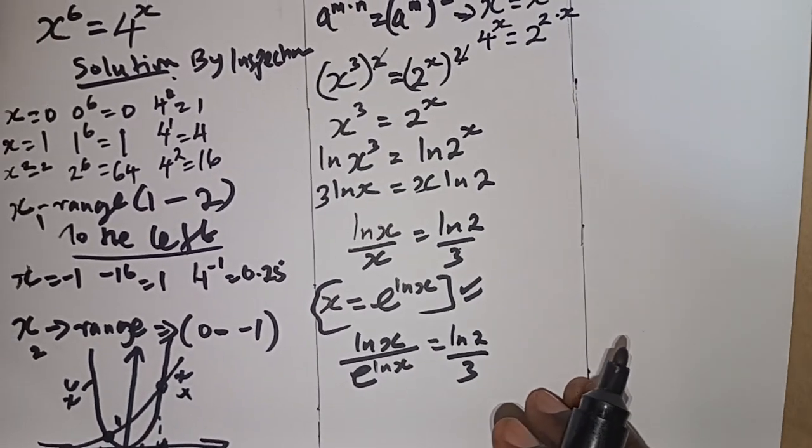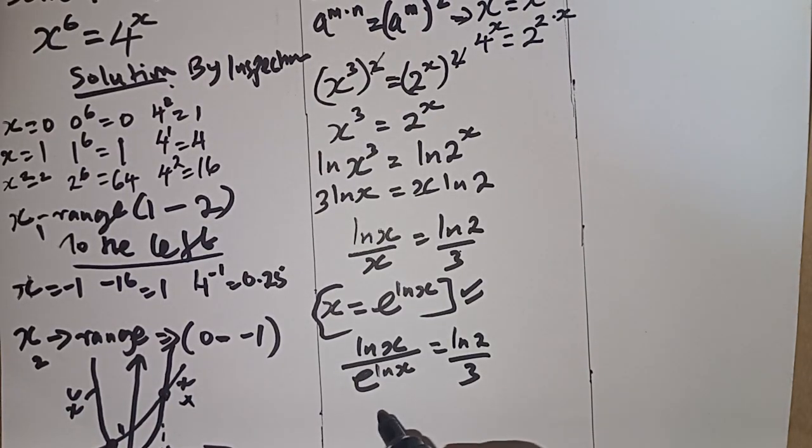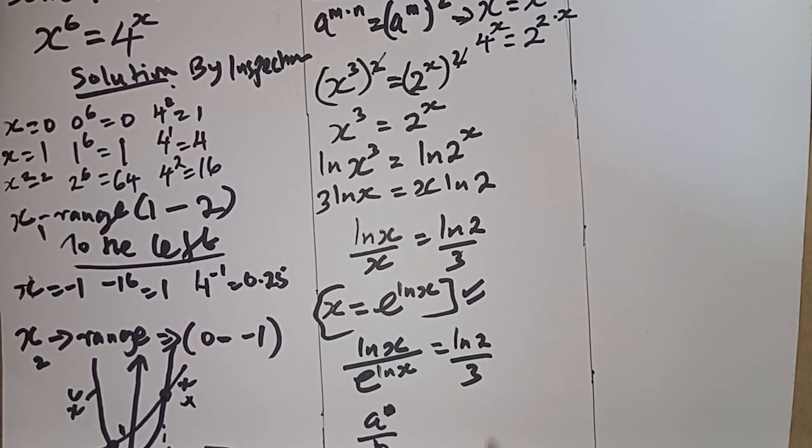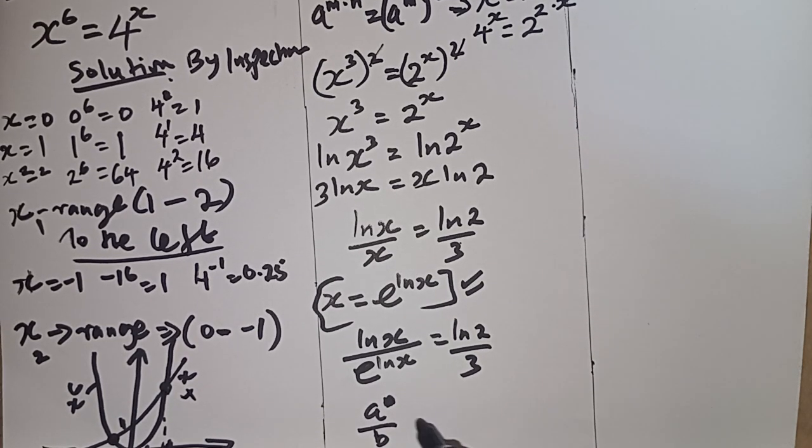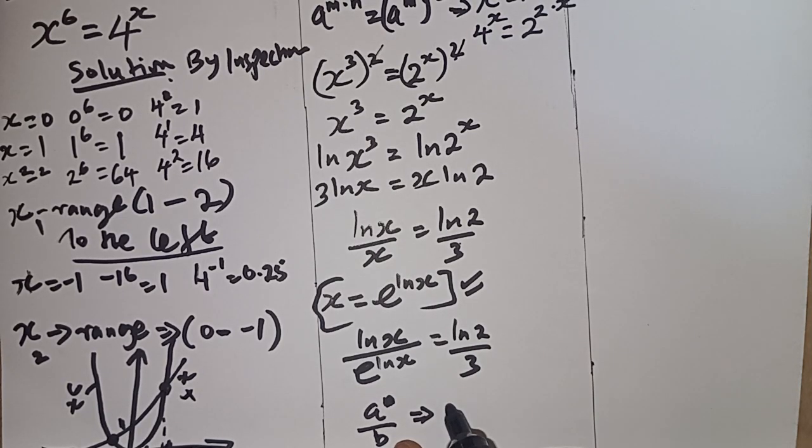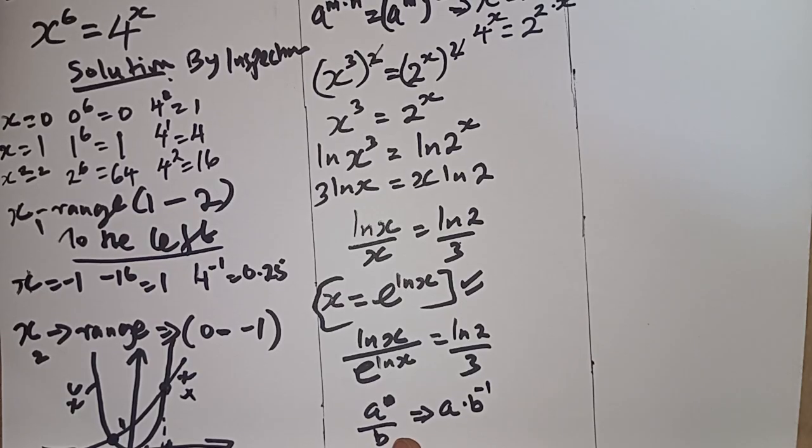Recall again that when you have a over b, this can be written by taking the power up as a multiplied by b raised to negative 1.